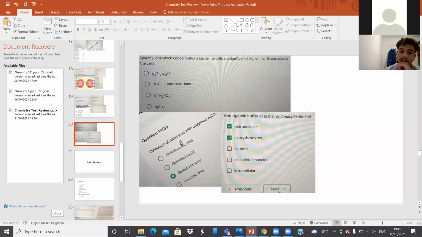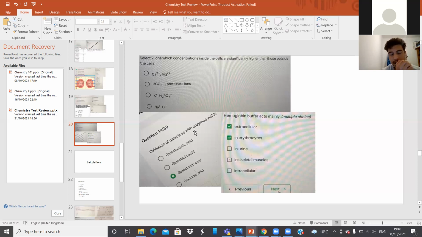Okay, so again, oxidation of glucose with enzymes. So we talked about weak oxidants and strong oxidants on galactose. During weak oxidation, you will have galacturonic acid. Okay, in strong oxidation, you will have galactaric acid.